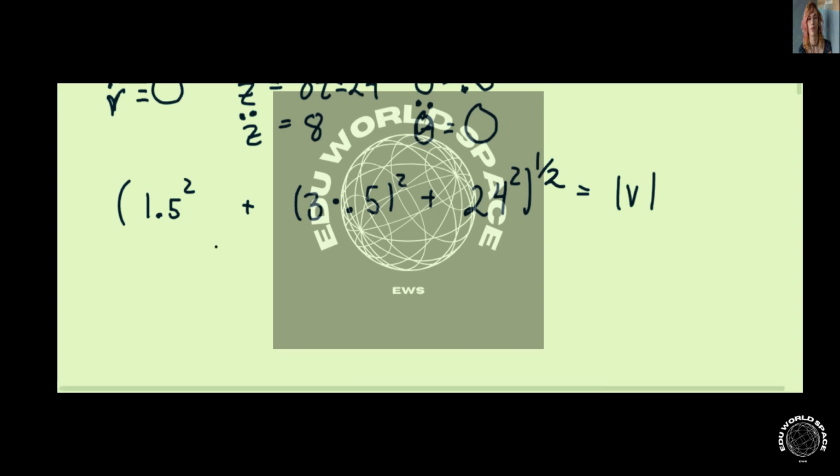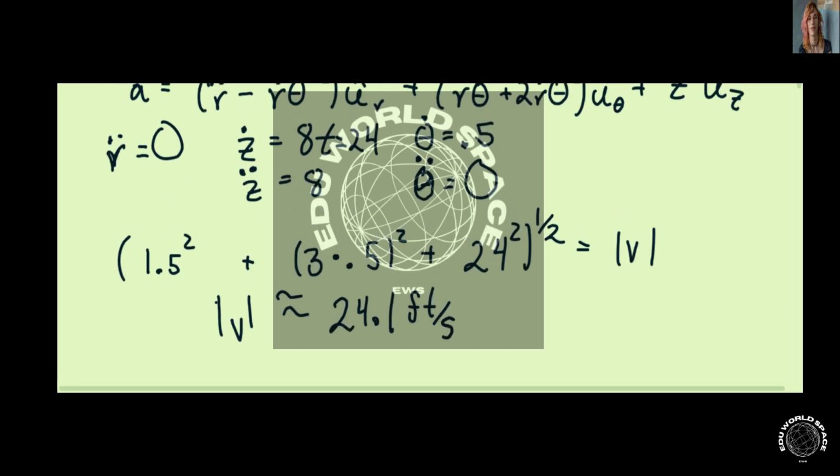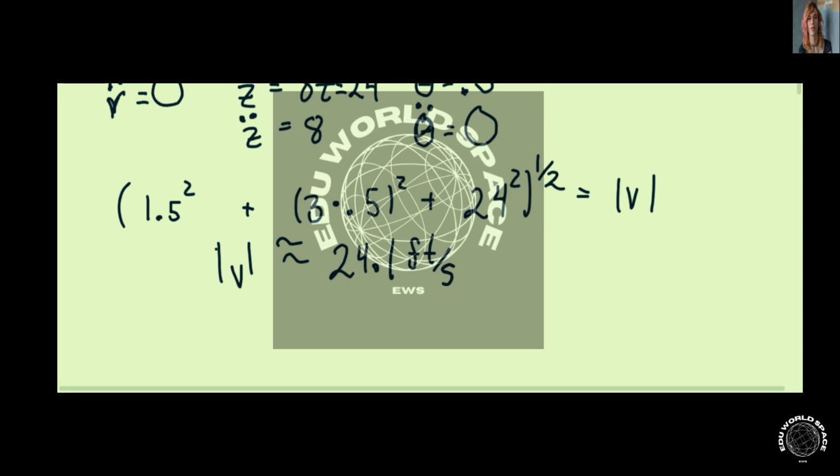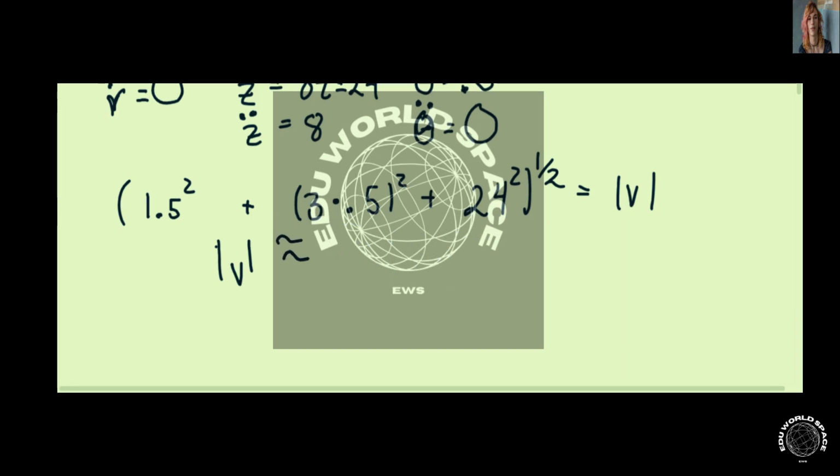So we can go ahead and plug that into a calculator. 1.5 squared plus quantity 3 times 0.5 squared plus 24 squared, to the power 0.5 to square root it, gives us our magnitude of our velocity v of about 24.1 feet per second.